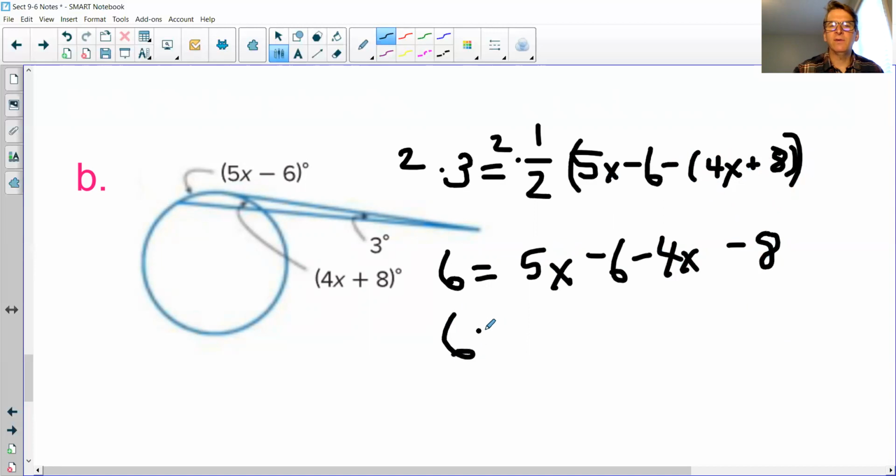6 then is equal to 5x minus 4x. Okay, 5x minus the 4x, got those two, and that's going to give you an x. And then negative 6 minus 8 is negative 14. Okay, so add 14 to both sides.